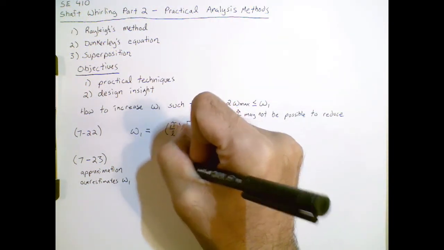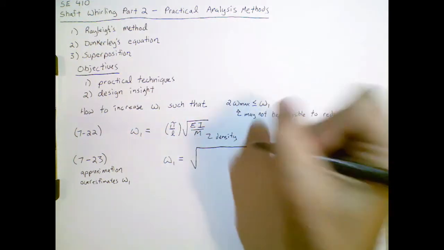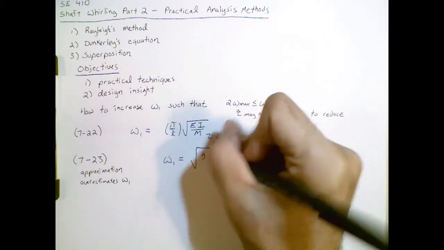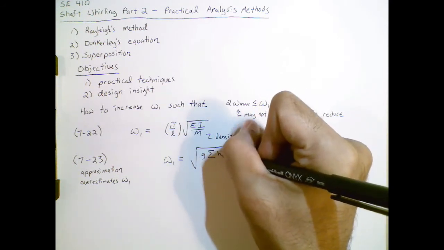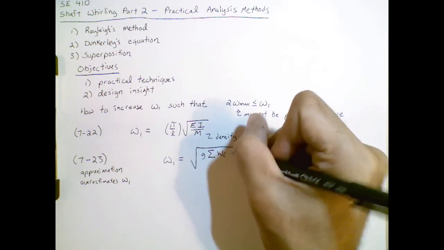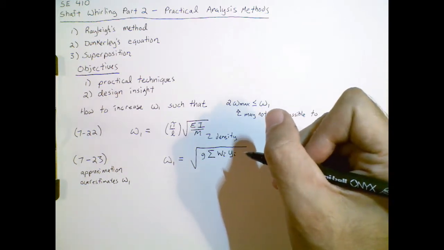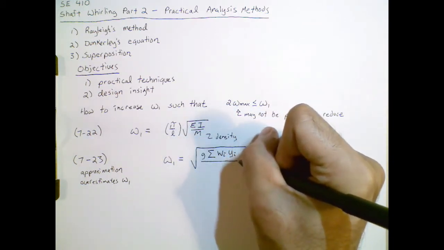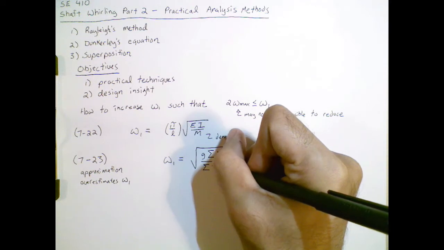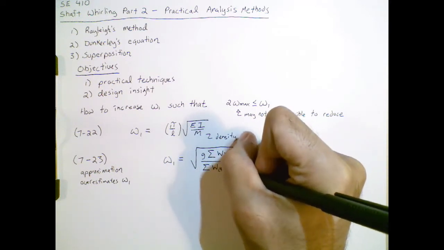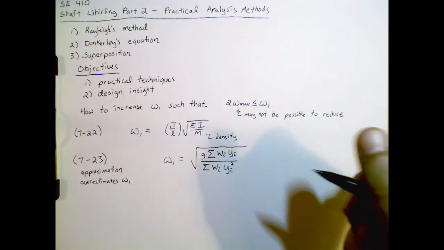So with Rayleigh's method, we estimate the first critical speed to be equal to the square root of this quantity, g, the gravitational constant, times a summation of the weight of the ith segment times the deflection of segment i due to the weight, divided by the summation of the weight multiplied by the deflection at segment i squared.